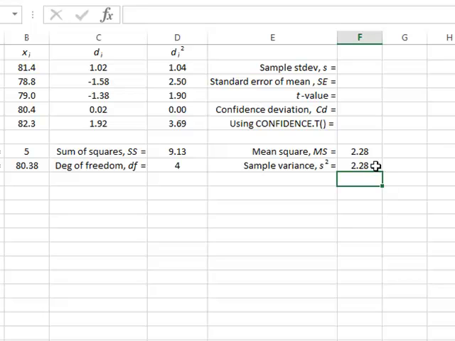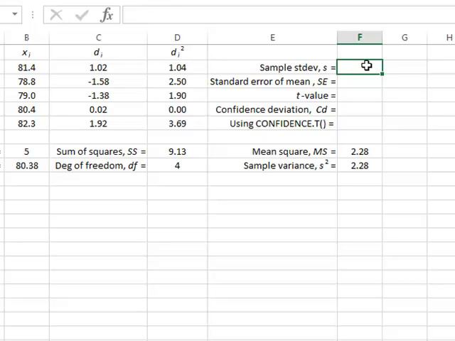So to get a more understandable measure of spread, we often use the sample standard deviation, which is then the square root of the sample variance. So we would say equals square root of F9, the variance, so the sample standard deviation of 1.51. It is also possible to get to this sample standard deviation, the spread of values, more directly.